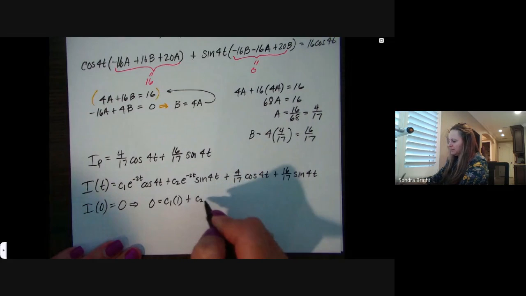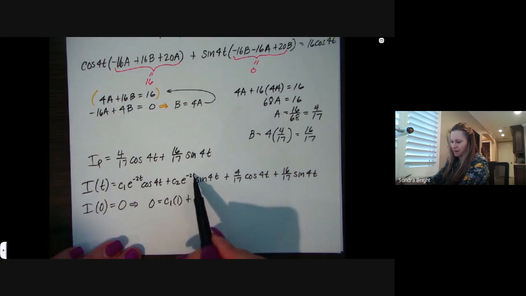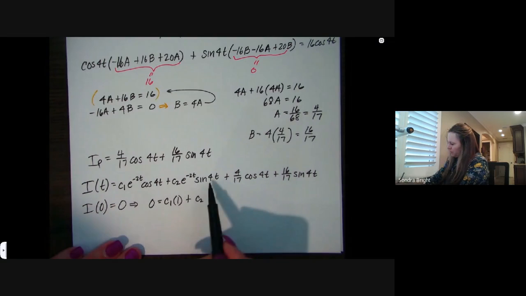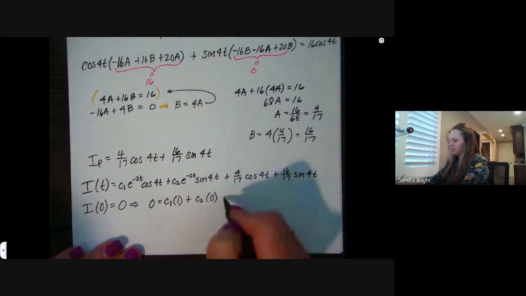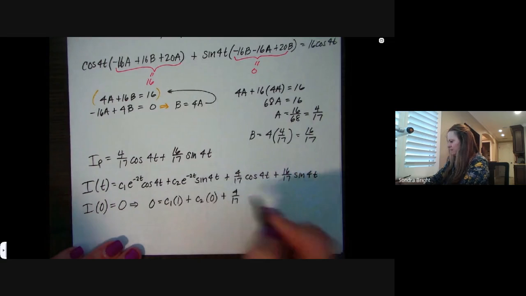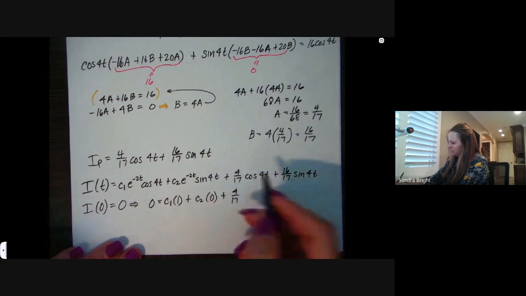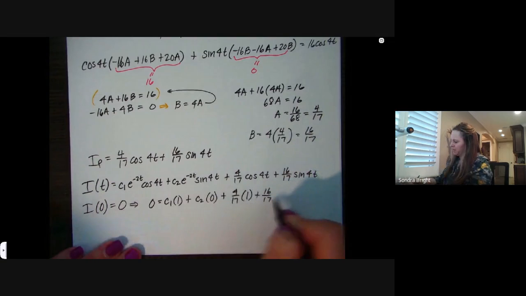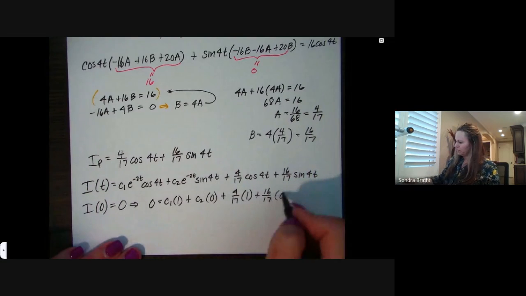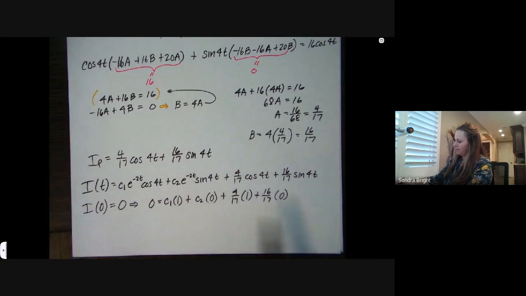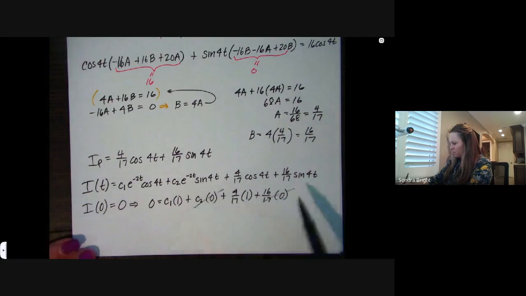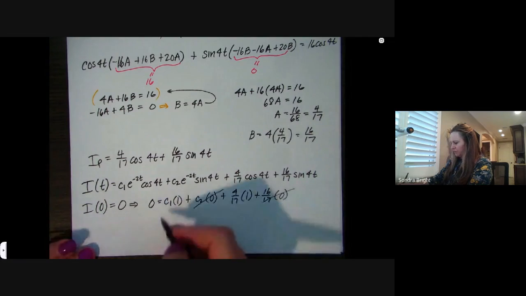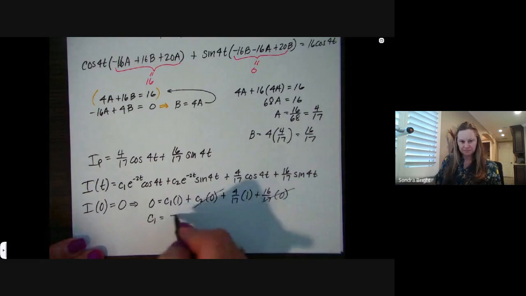Sine of 0, though, is 0, plus 4 over 17 times cosine of 0 is 1, plus 16 over 17, sine of 0 is 0. And so you're able to solve: subtract the 4 over 17, and your C1 is equal to negative 4 over 17.